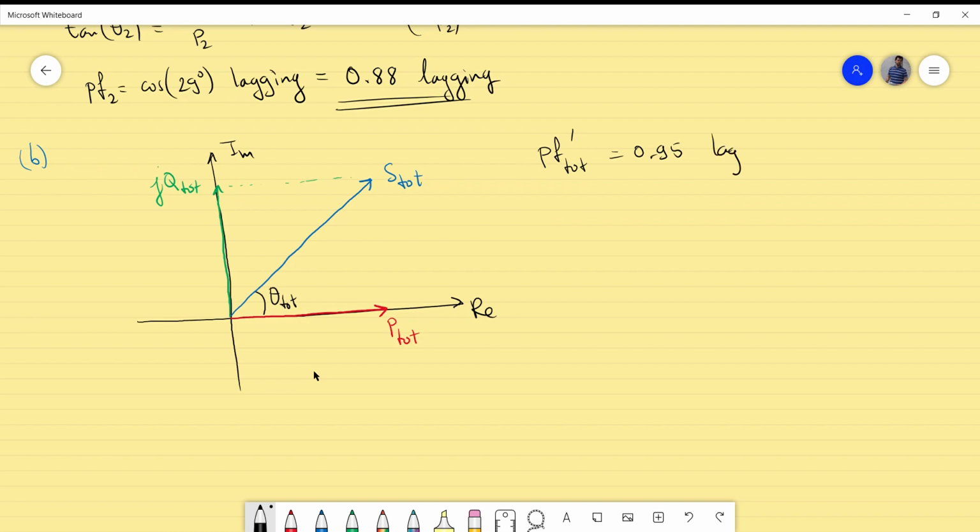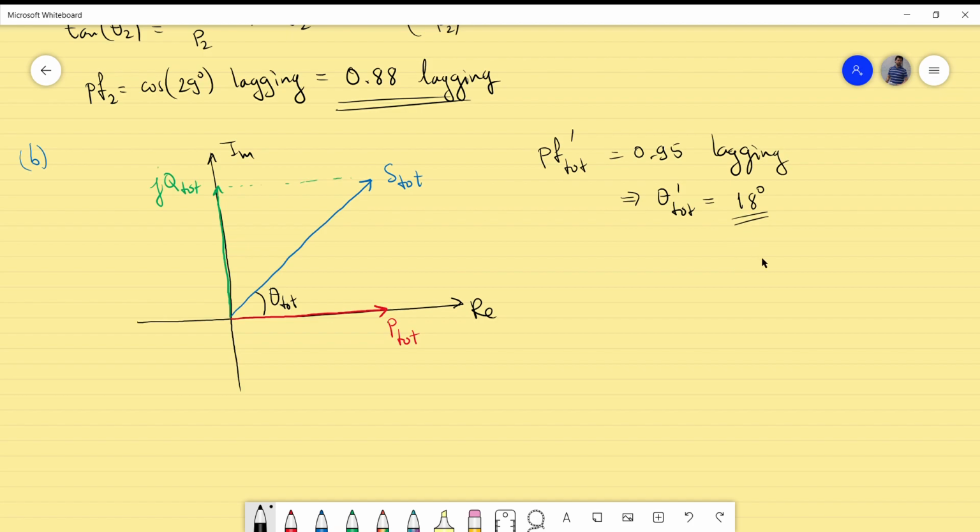That is actually the required value for question B. This will result in theta total prime, again using our cosine of the PF total. We already know the formula, so this will be approximately 18 degrees. So I will reduce this phase from 46 degrees all the way to 18 degrees.